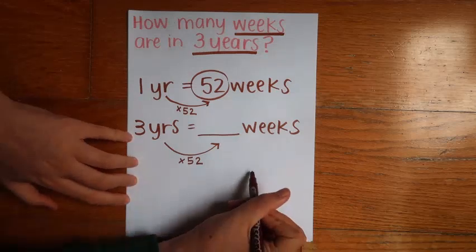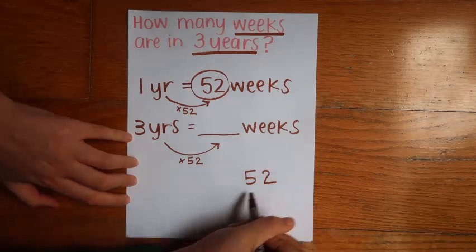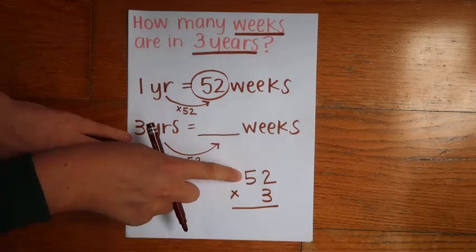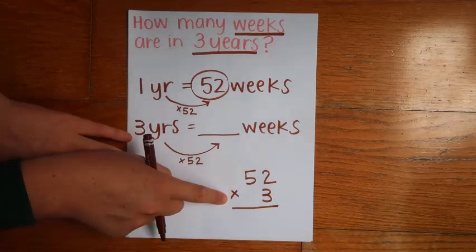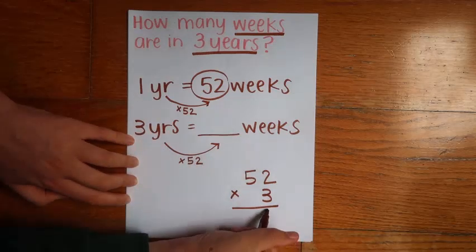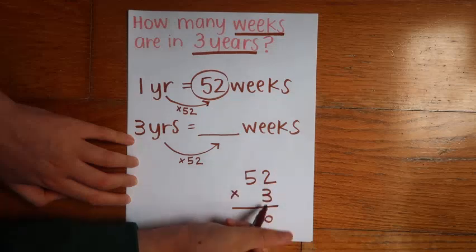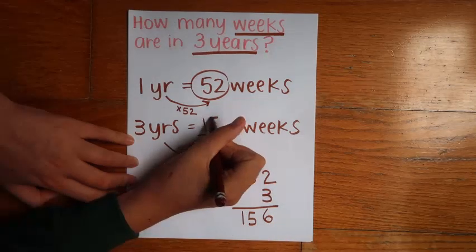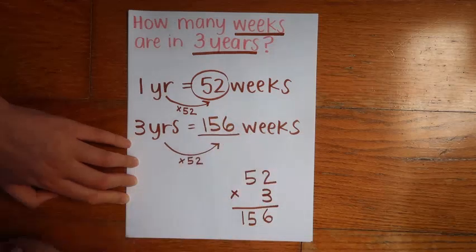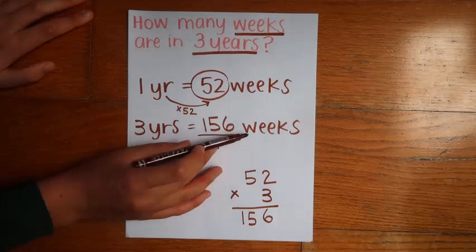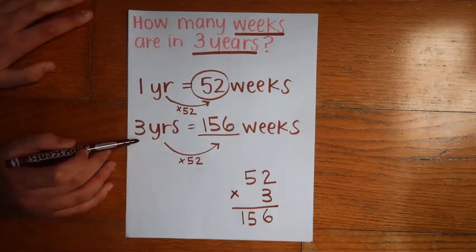So I'm going to do 52 times 3 down here. I could also add 52 3 times, because multiplication is repeated addition, but in this case I'm just going to multiply. 3 times 2 is 6, 3 times 5 is 15, so 156 weeks. There are 156 weeks in 3 years.